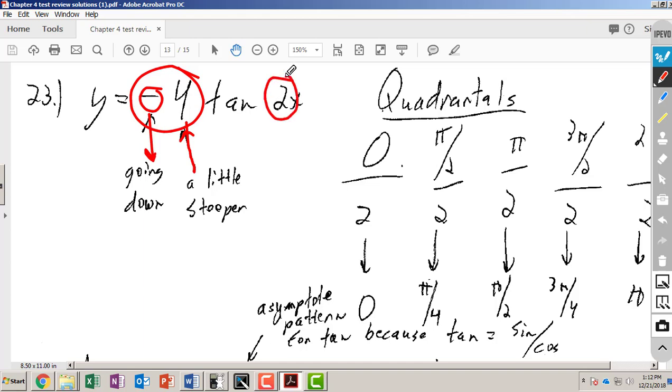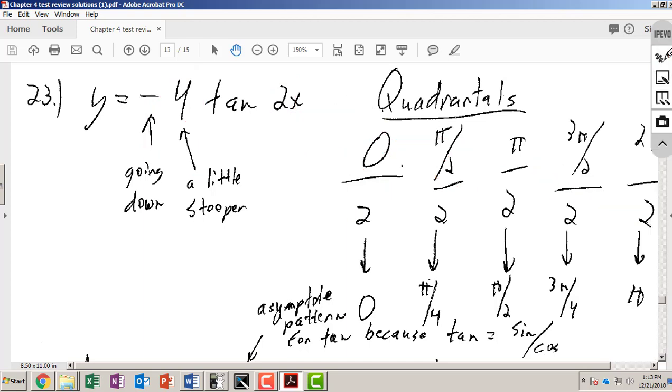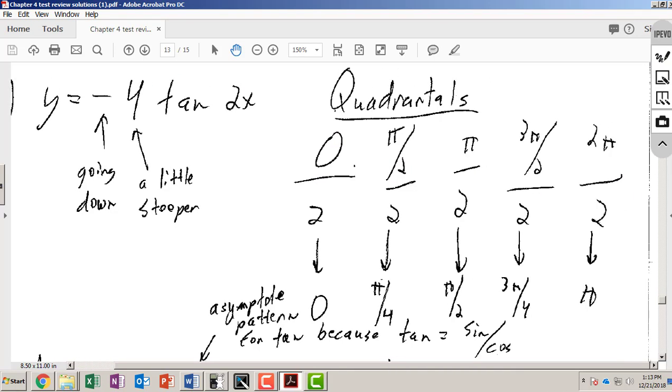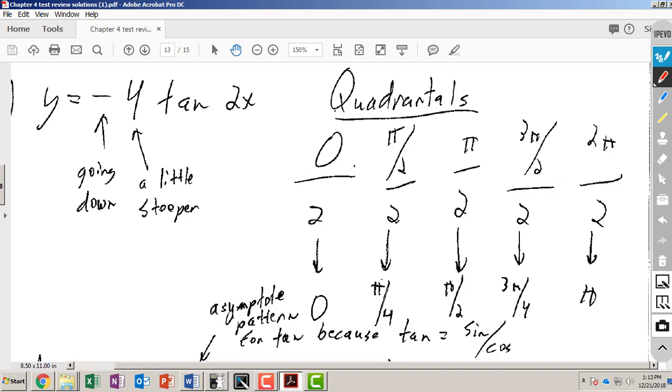But I do notice that my period has changed. My period is going twice as fast, so my 5 main points need to be divided by 2. So do your 5 main points and divide each one of those main points by 2. Remember, your 5 main points are normally at 0, pi over 2, pi, 3 pi over 2, and 2 pi. When I divide those out, 0 divided by 2 is 0.